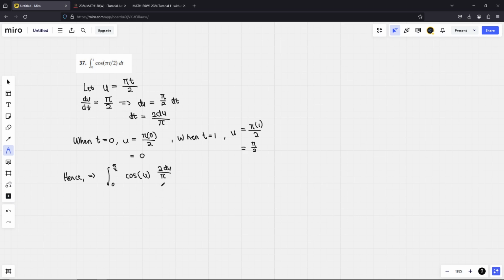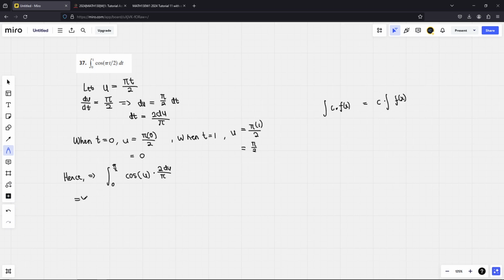Okay, now what can I do with this constant? This is the same thing as 2 over π du. Well, if I have an integral, a constant multiplied by a function, then I can bring the constant to the front and take the integral of the function.